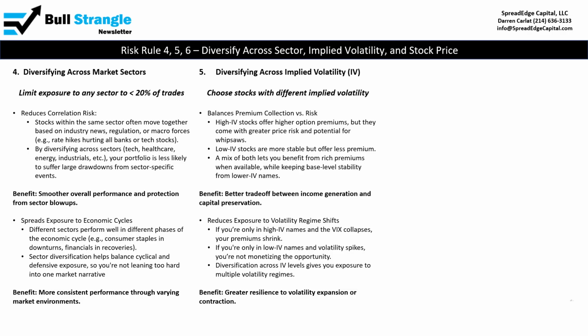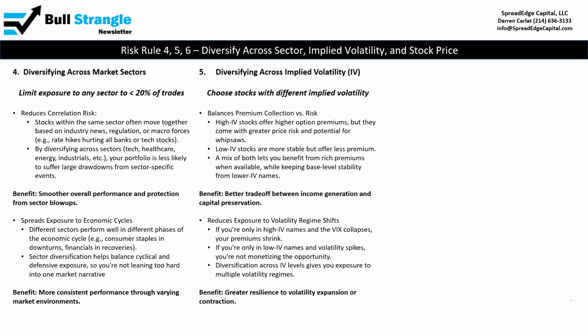Low IV stocks are more stable, but offer less premium. A mix of both lets you benefit from rich premiums when available while keeping base-level stability from lower volatility names. The benefit: better trade-offs between income generation and capital preservation.